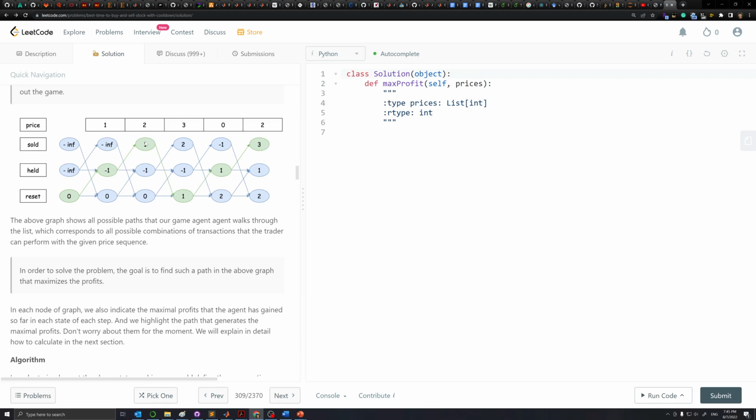Because we're selling it on day number one, on day number two we have to cool down so the profit stays. And then on day three, we can either just hold on to it.